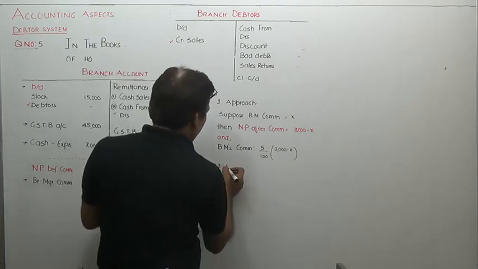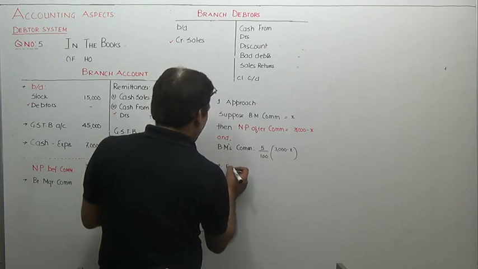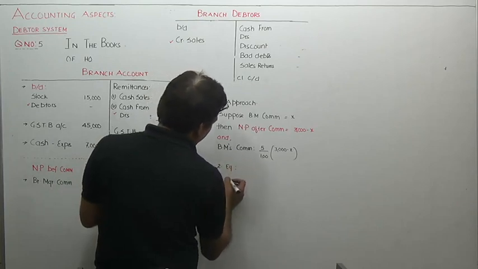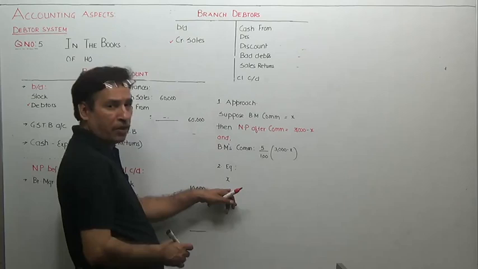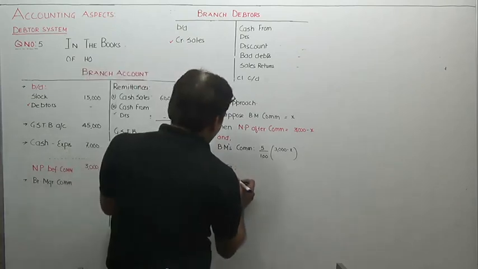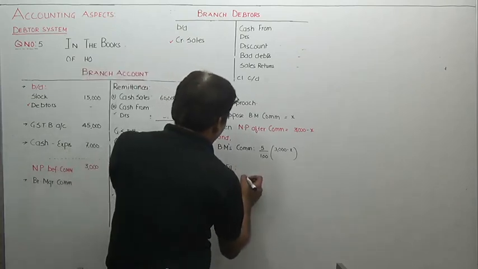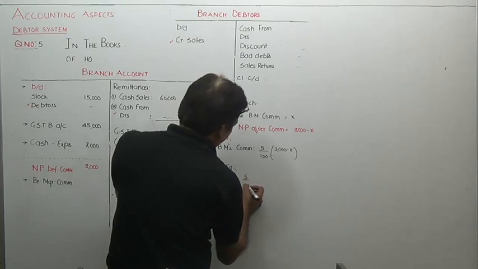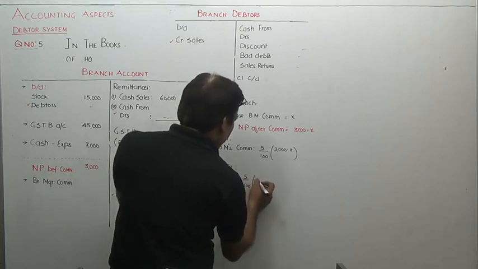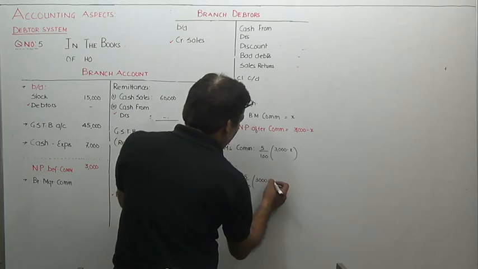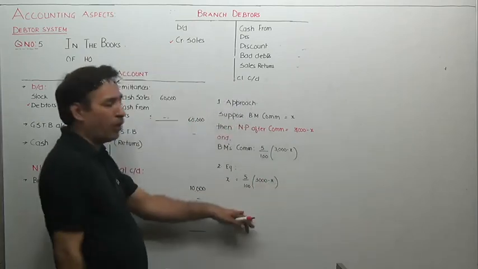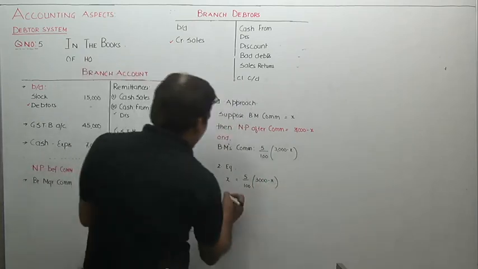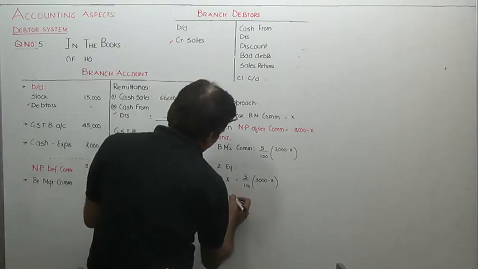So now you have an equation: the branch manager's commission, presumed as X, should be equal to 5% of 3,000 minus X. If I solve it this way round, I will get 143.